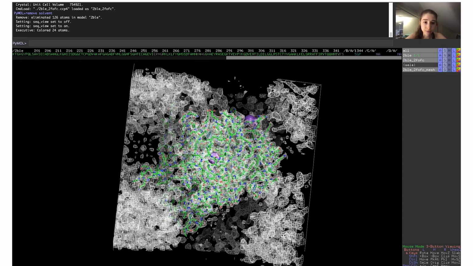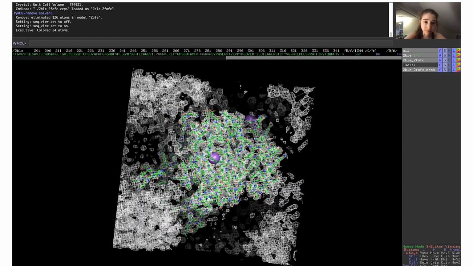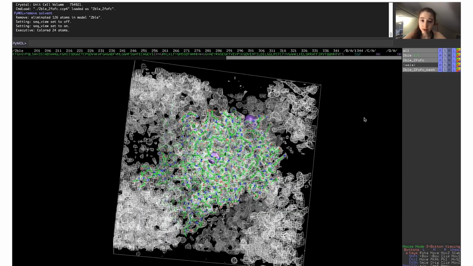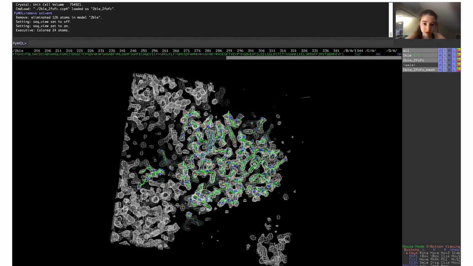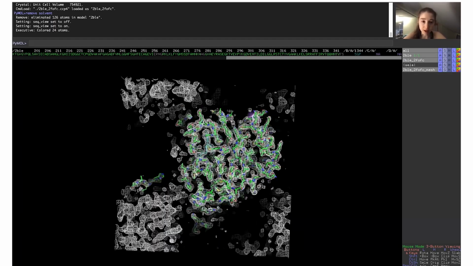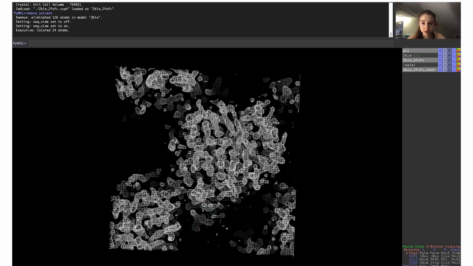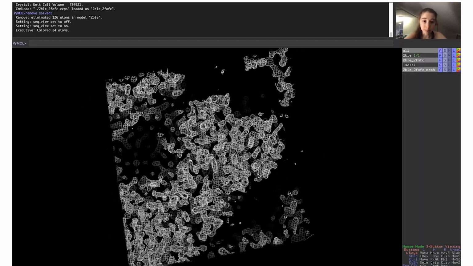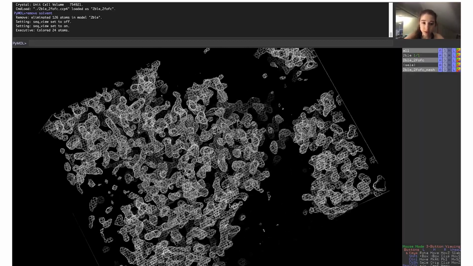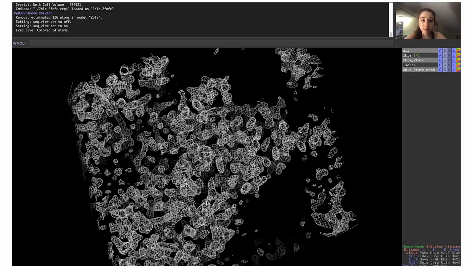I'm going to adjust the focus so we don't see as much. But if we were to hide the structure, now we're just looking at that map. This is what they have to work with when you're doing this.